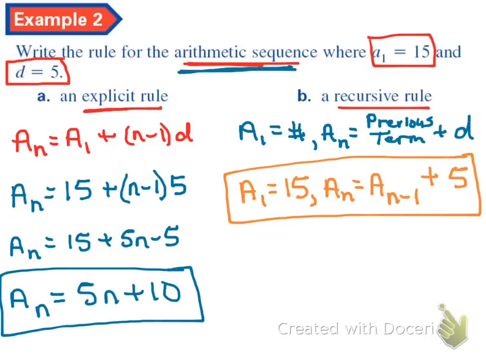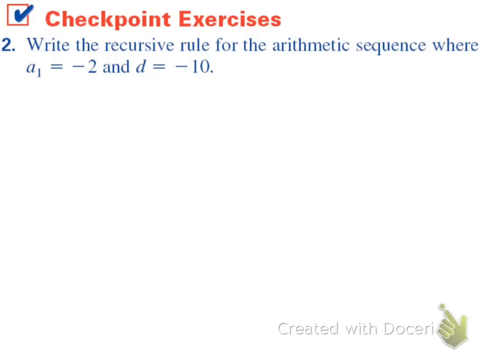That's all there is to writing this as a recursive rule. On the following slide, there is a checkpoint for you to give this a try. So if you'll pause the video, give this a try. You're given the first term and the common difference, and you're asked to write the rule as a recursive rule.